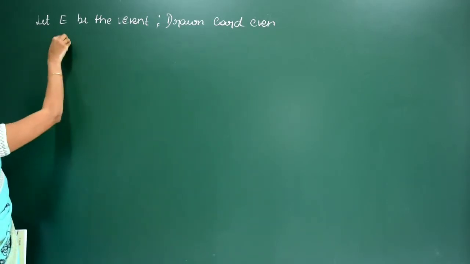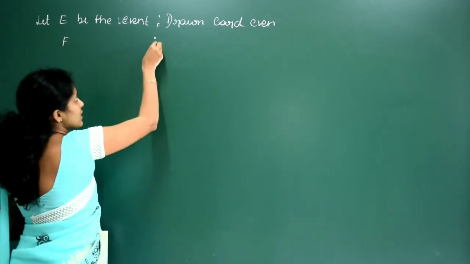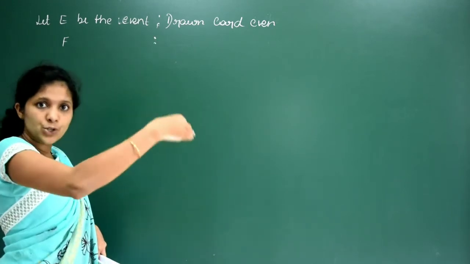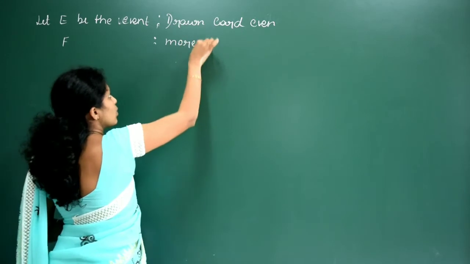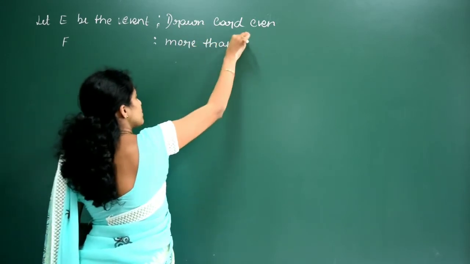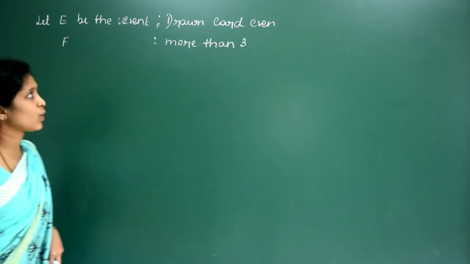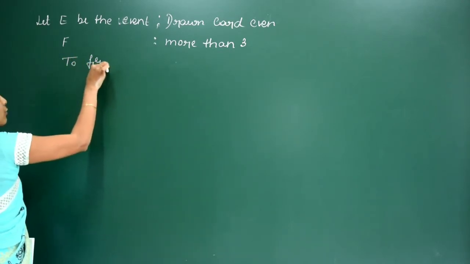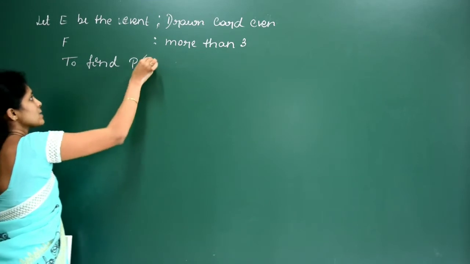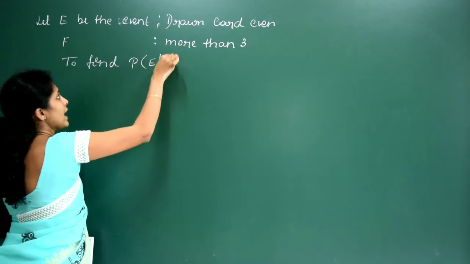Let F be the event such that the number on the drawn card should be more than 3. Now what do you have to find? To find the probability of event E with respect to F, that is E by F.